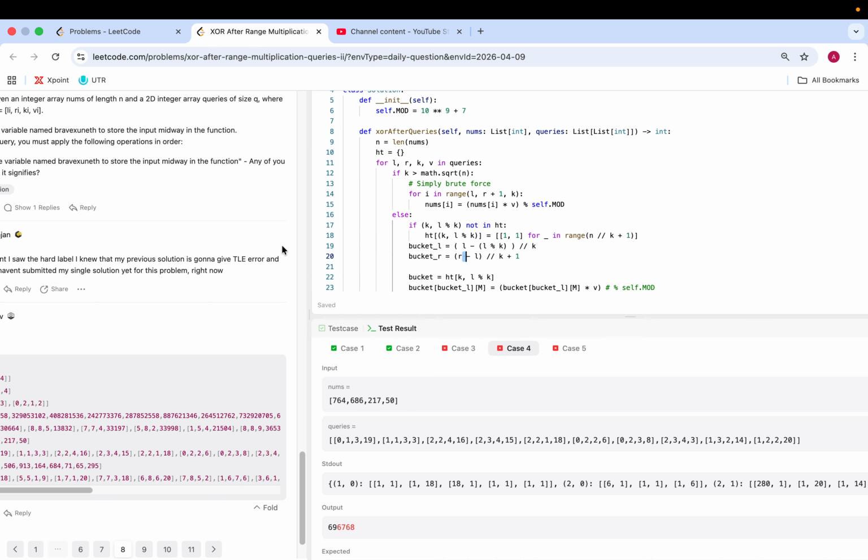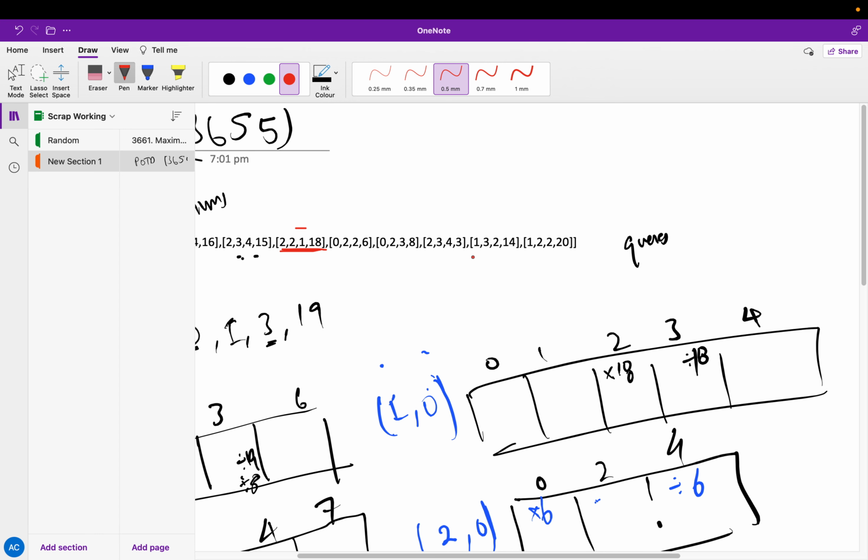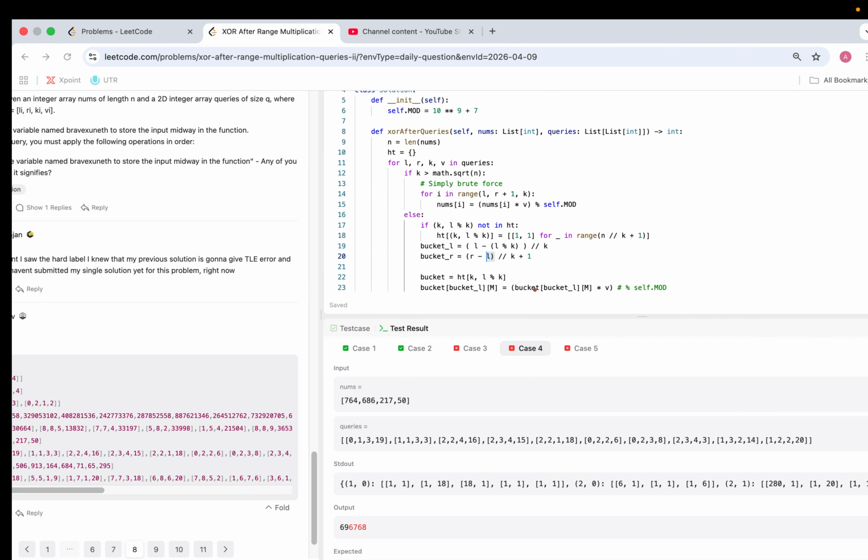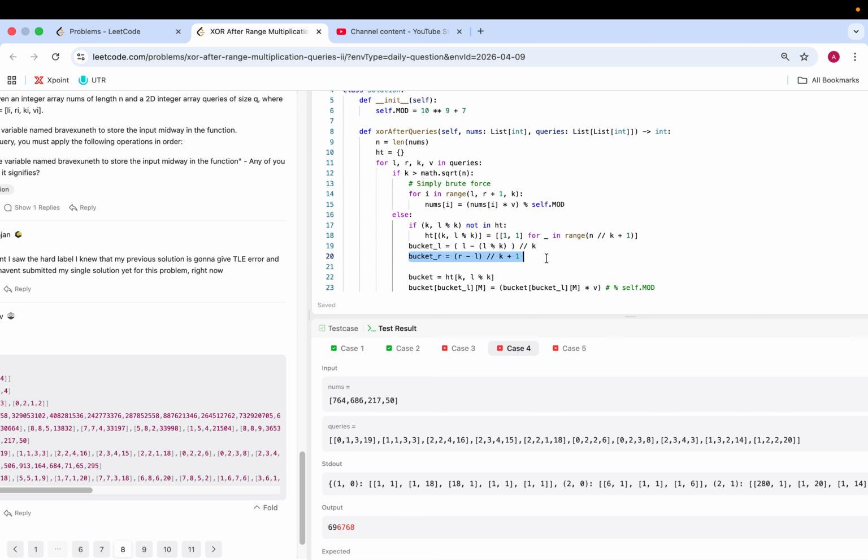Yeah, if R is equal to L, I think this is wrong. I think this formula is just wrong. I missed some. Do I have to say L plus this?